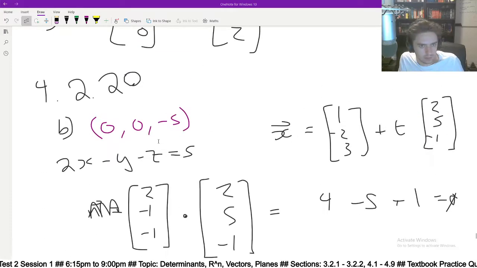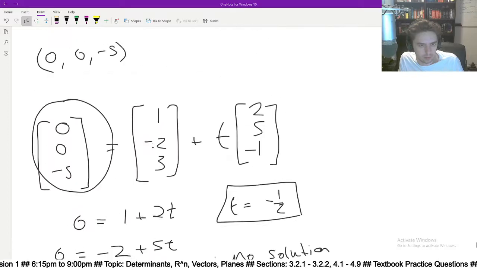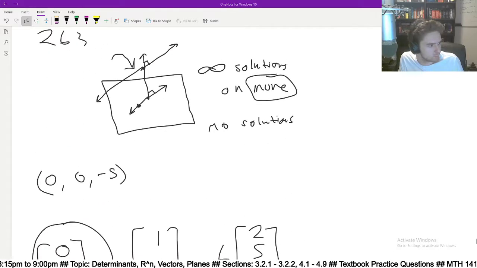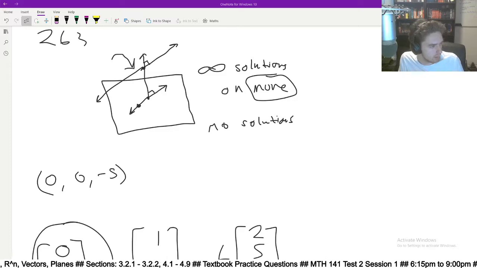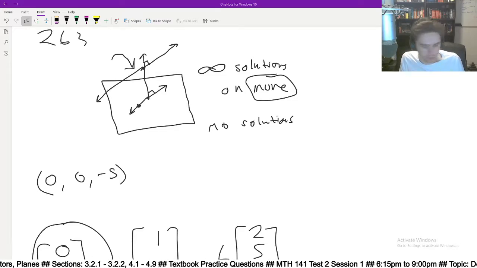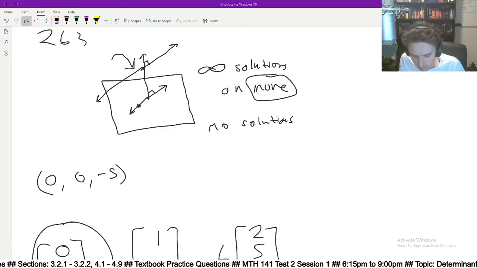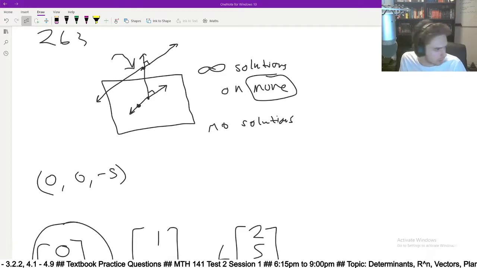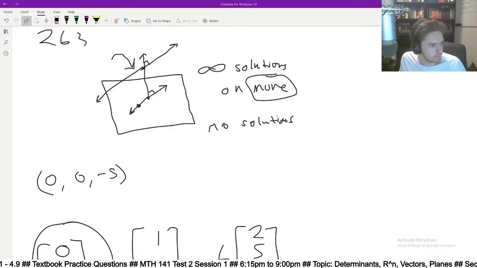What? How did I get to the wrong section? I don't know what I did there. Anyways, I'm somehow in the wrong section, even though I must have written down the page number wrong. 4.2.20. That's where I'm going.